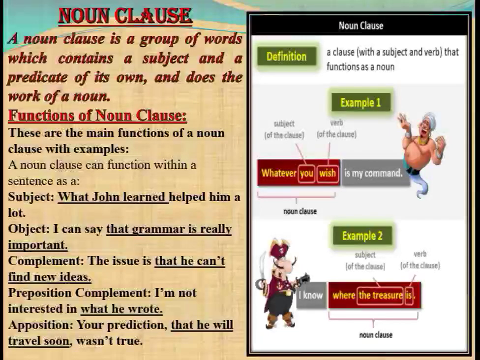That is noun clause. If we ask a question with what, we will get the answer of noun clause. Noun clause may act as a subject, as an object, as a complement in a sentence. Easily we can understand that if we get the answer of what, that is noun clause.